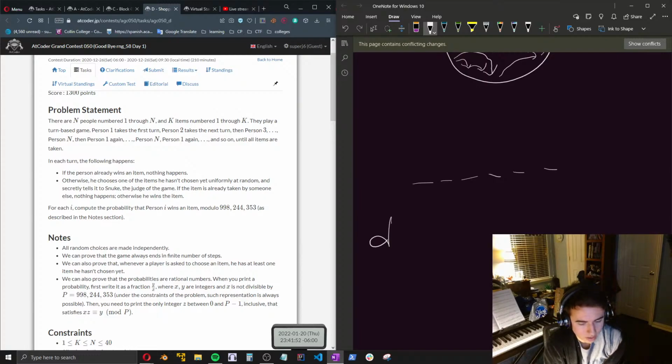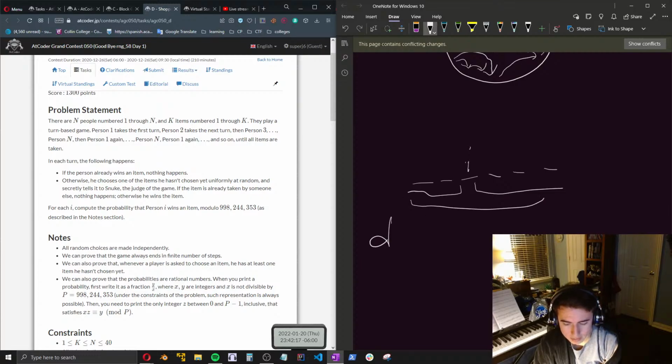To calculate for person I when there are n people and k items, what matters? The probability for person I depends on how many people are before it, how many people are after it, because that affects the probability, and then the number of items left that haven't been chosen.